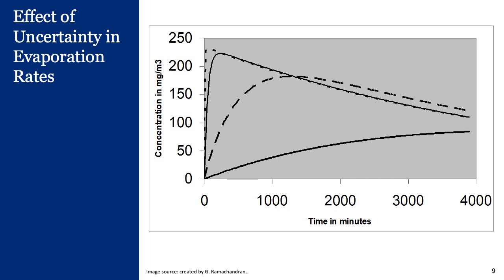So if the question we are trying to answer is what is the exposure of the employee on Monday morning, then the effect of our knowledge of alpha doesn't play that big of a role because the concentrations on Monday morning are not that different from each other. They vary from 120 to maybe 108 or 109.